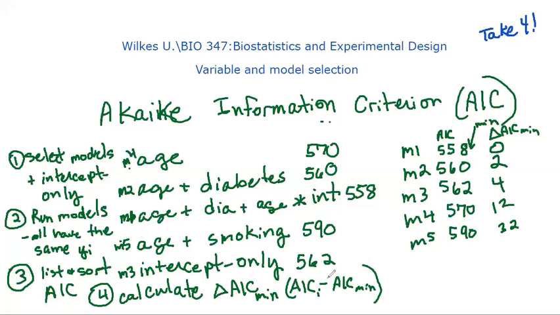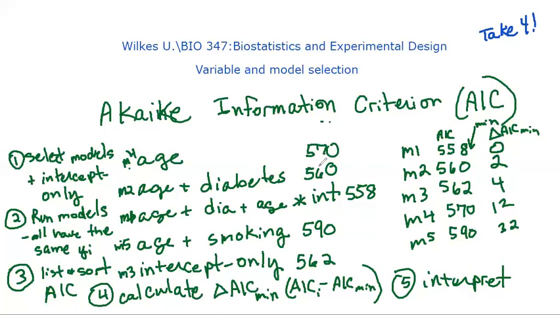We're looking at this difference here. Then, step 5, interpret. So there are the steps we do. How do we interpret? The model that ends up being the min is our top model.